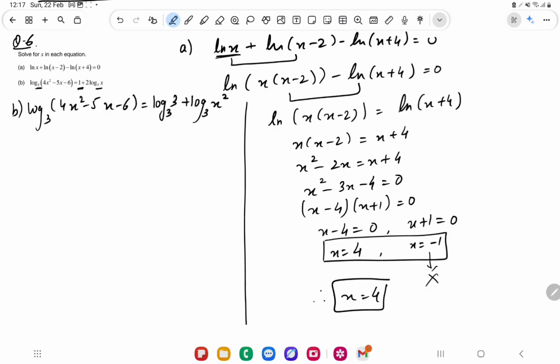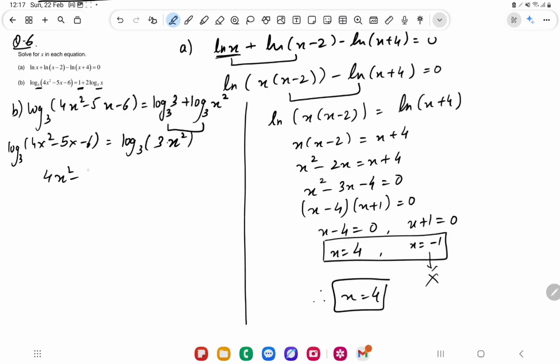So I will get this. Now again I can apply log a plus log b here. My left hand side will be the same and right hand side will be log with base 3, 3 multiplied by x square. Again I have logs on both sides, so I can compare.